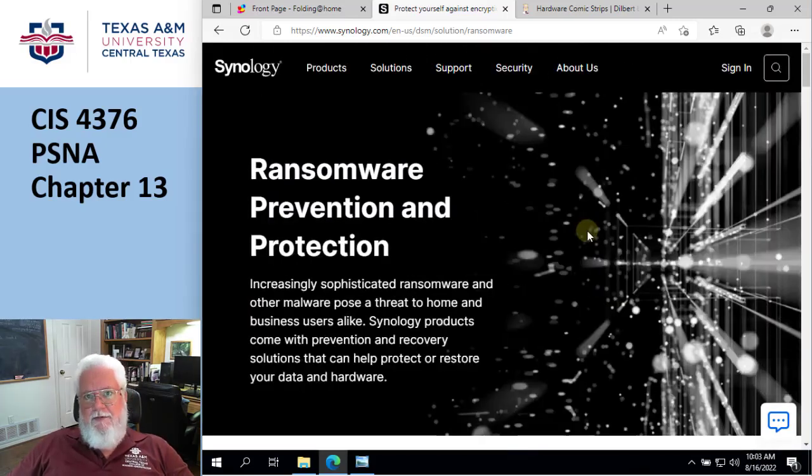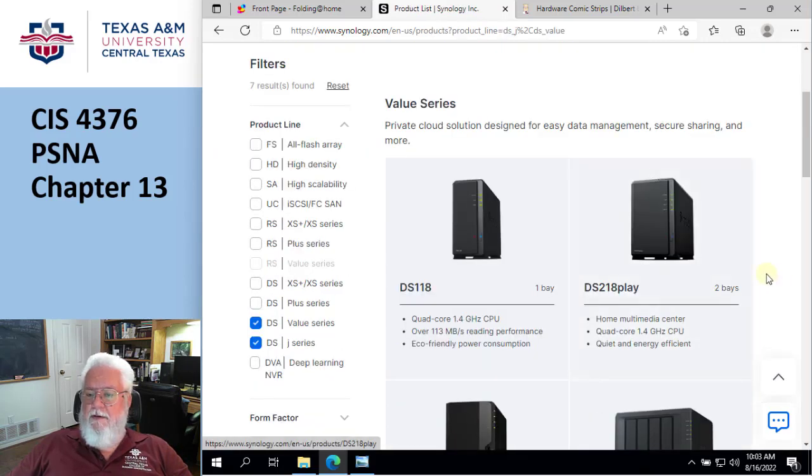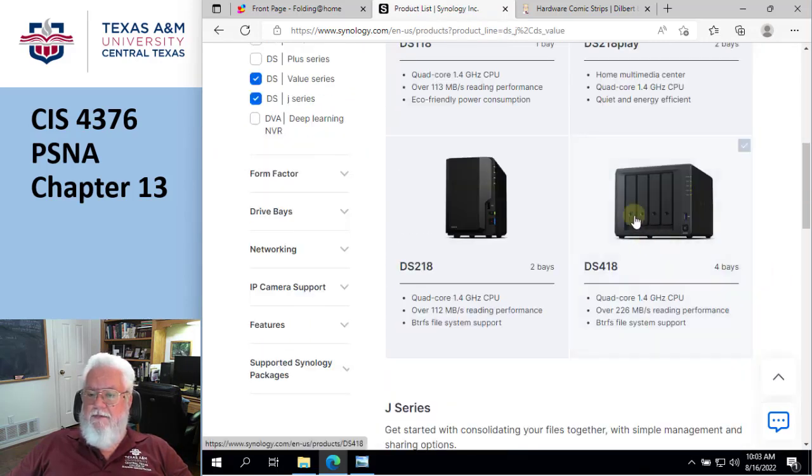Synology is a company that makes network attached storage. I kind of like them. I'm going to go down here to Central Storage, and here's all the things you can buy. I have a 6-disc version of this. All right, cool.